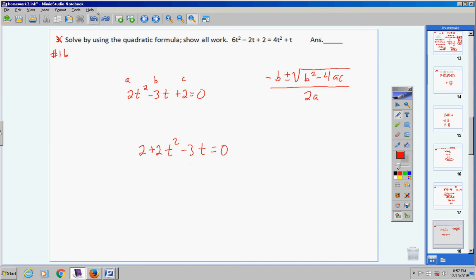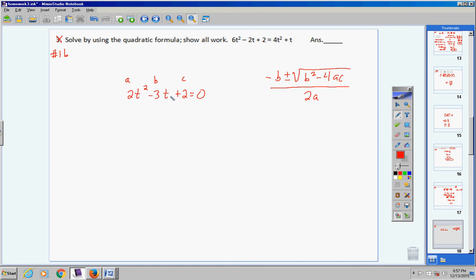Look, I don't care what order your terms are in. The t squared term is always going to be your a. The t term is always going to be your b. And the constant term is always going to be your c. Okay? Alright. So to be honest with you, it's probably a good idea to write this in order over here in standard form. But that's up to you. Alright, here we go.